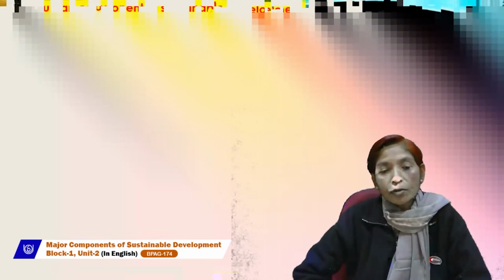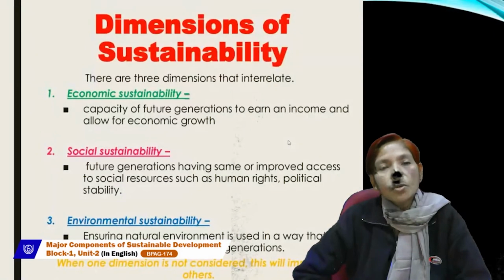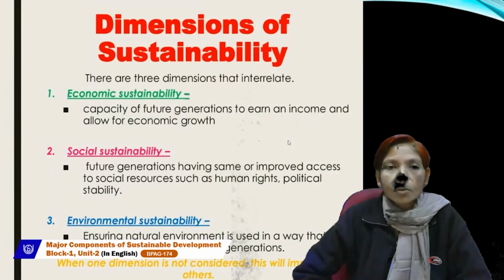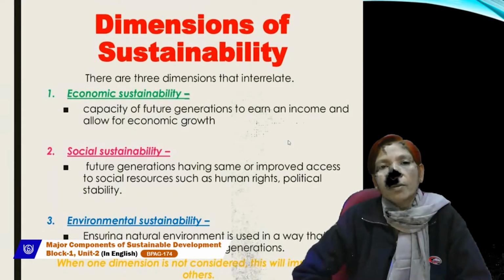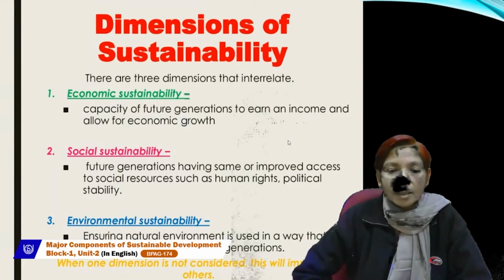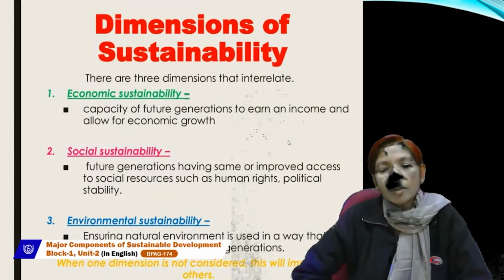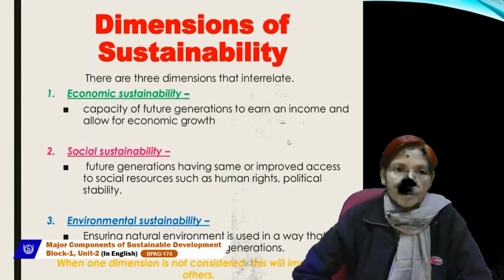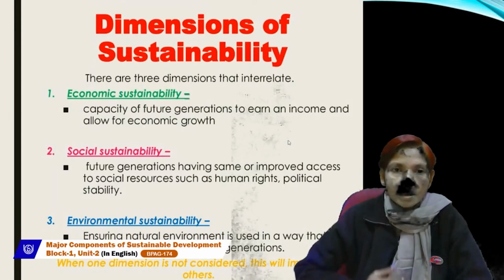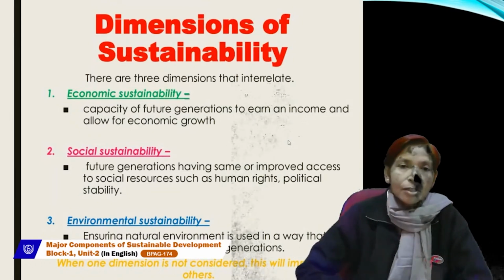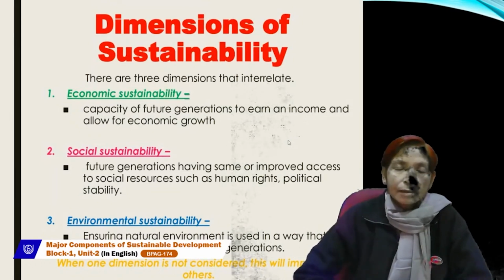And environmental sustainability means ensuring the natural environment is used in a way that will preserve resources for future generations. When one dimension is not considered, it will impact the others. So all these three dimensions are interrelated with each other.